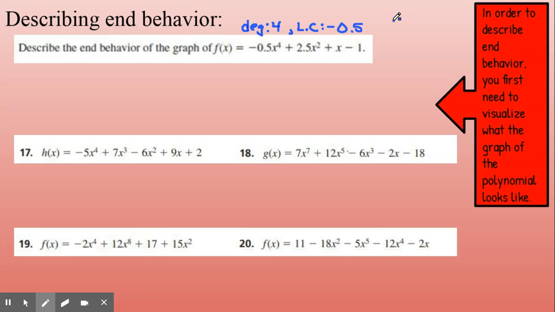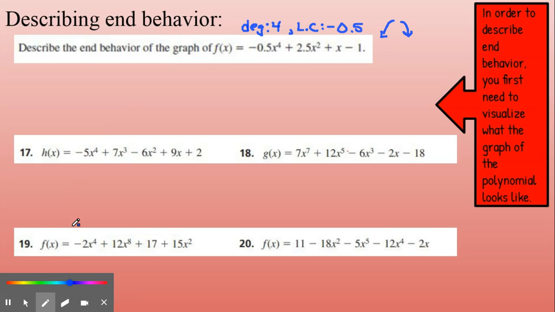So in my mind, I'm going to compare it to a quadratic that's negative. So I know it's going to have this upside down U shape. There might be stuff happening in the middle, I don't care about that. I just care what's happening on the ends. So I know it's going to have something like this on both ends.